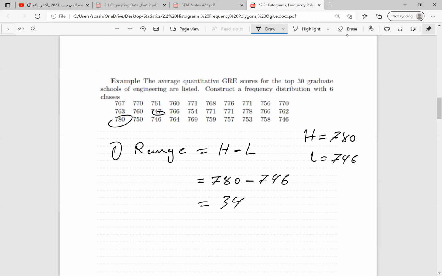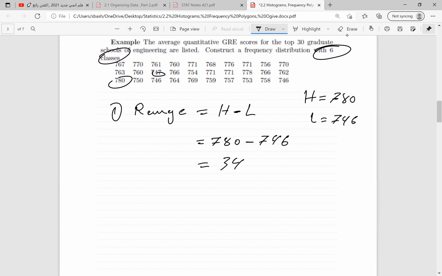Now the question says construct a frequency distribution with 6 classes. It's already given in the question. We need to use 6 classes. So the next step, I need to find the class width.